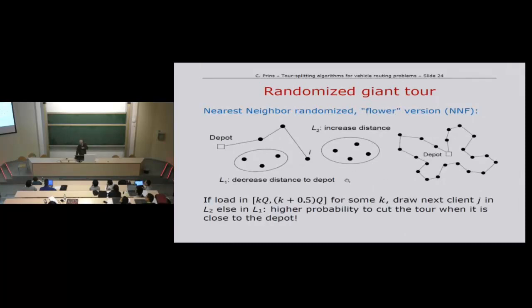So we also tried to improve the version. It is a flower version. In fact, at each iteration, you build two groups of customers among those not yet visited: L1, the customers which decrease the distance to the depot, and L2, the customers which increase the distance to the depot.